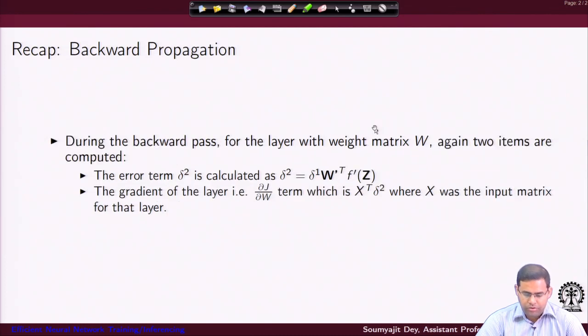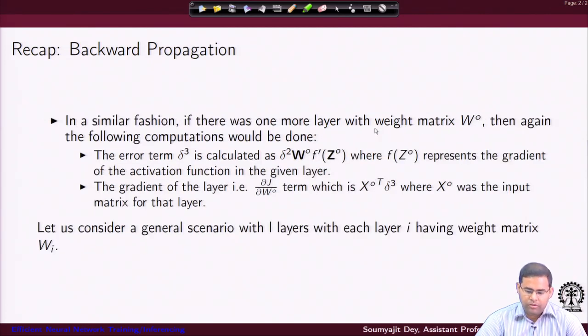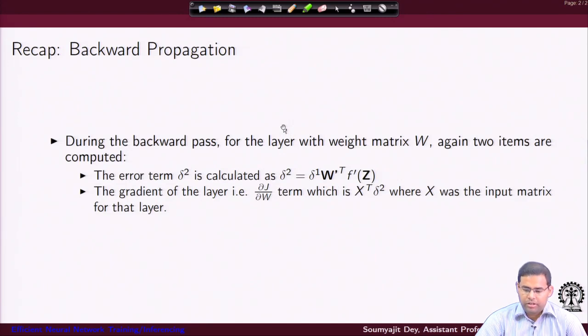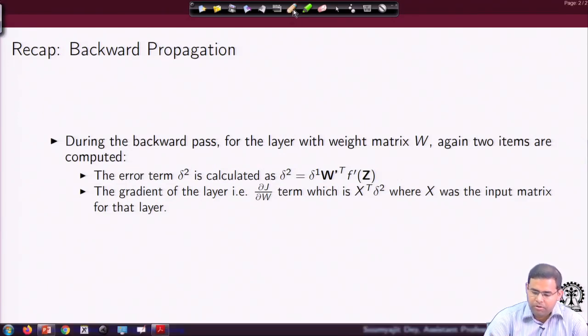So, if we are using these values in a similar fashion and there are more layers, then what would really happen? Let us recall the previous things. In our first neural network example, we considered that there is a layer with the weights W, and then there was a layer with weights W prime, and we derived delta 1 here.